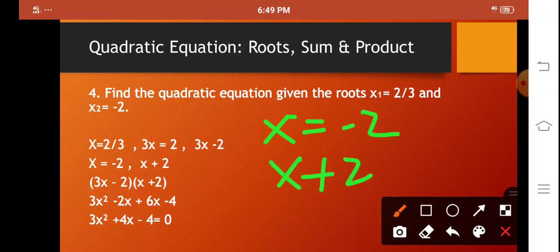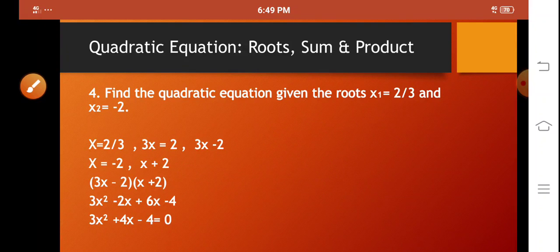So we have the factor. So our factors, 3x minus 2 and x plus 2. If we are to multiply it, we get 3x squared minus 2x plus 6x minus 4. By combining like terms, we get 3x squared plus 4x minus 4.